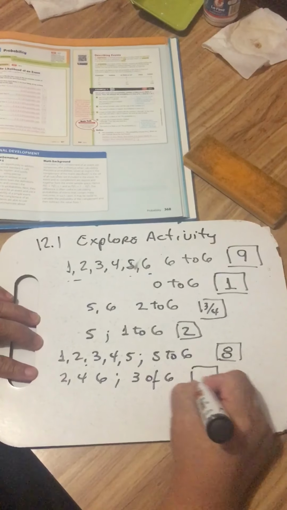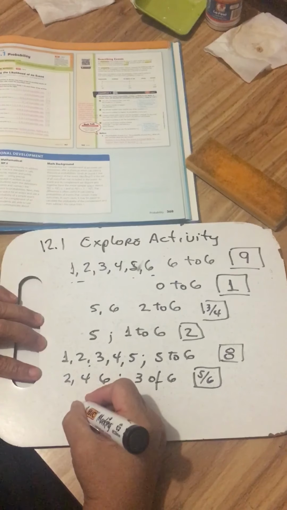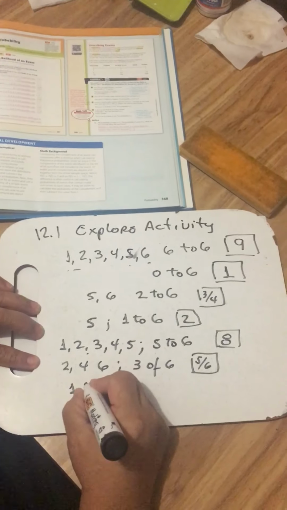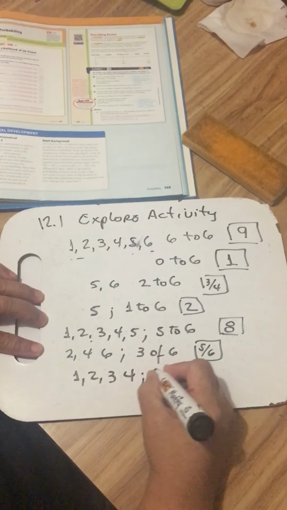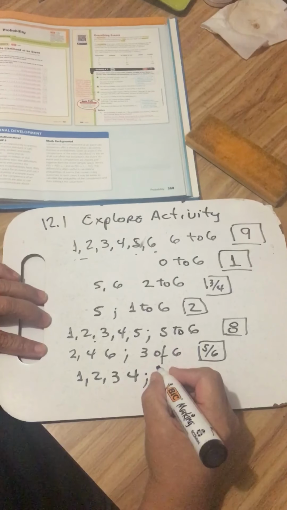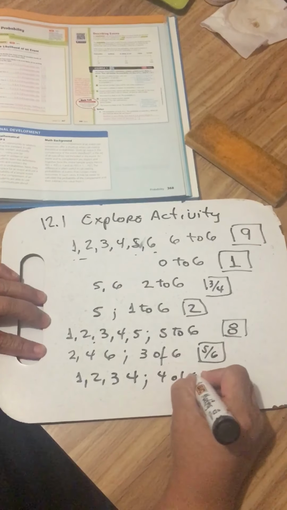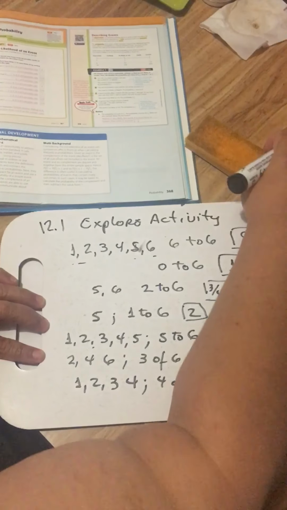Then we have 5/6. Then rolling a number less than 5, then it's going to be 1, 2, 3, or 4, so 4 out of 6.